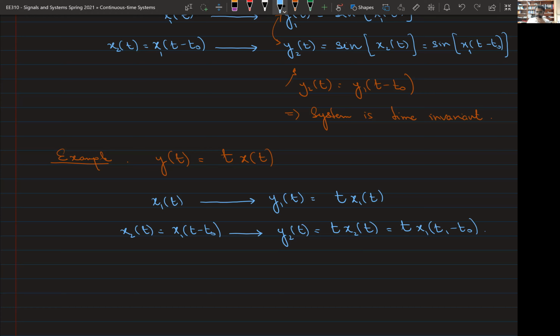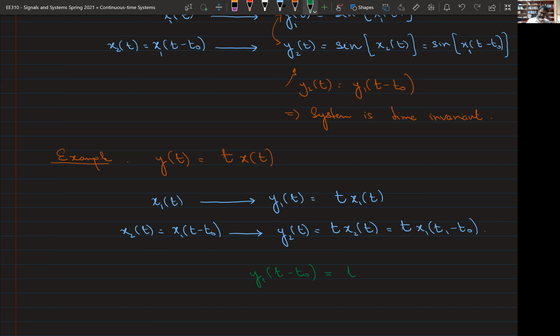Then what you do is compare y1 and y2, and verify whether or not y2 is a shifted version of y1. Is y2 a shifted version of y1? How can we check a shifted version? You just compute y1 of t minus t naught. What is that equal to?